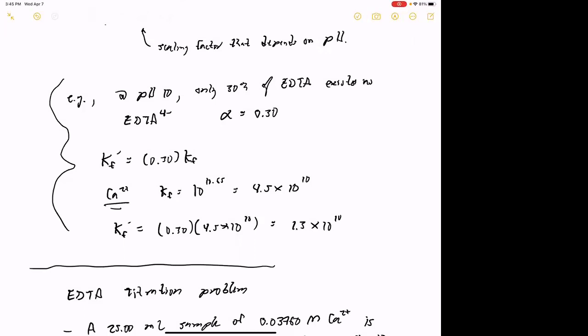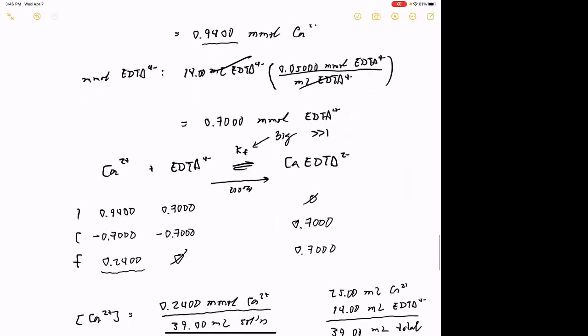You get 4.5 times 10 to the 10th. Okay, so we actually, well, sorry about that. It's down here, 1.3 times 10 to the 10th. So there's the alpha multiplying by the KF. Sorry, I got ahead of myself. So 1.3 times 10 to the 10th is my conditional formation constant. So that's what we're going to use, right? Because we're at a pH of 10 and we can calculate the effective equilibrium constant. Okay, so that's the one we want. I thought we had done that one.